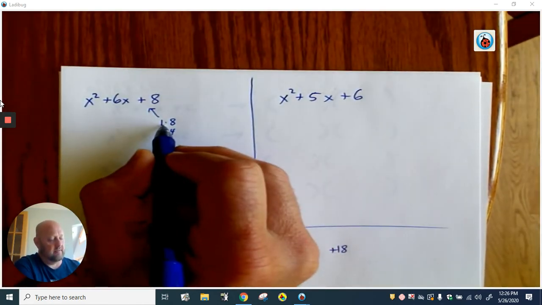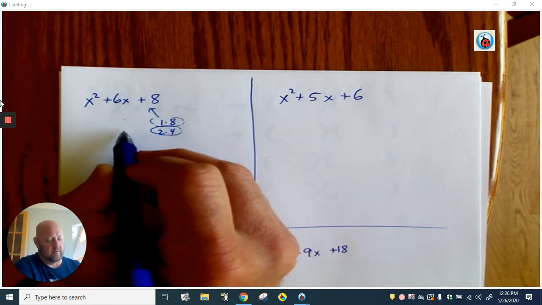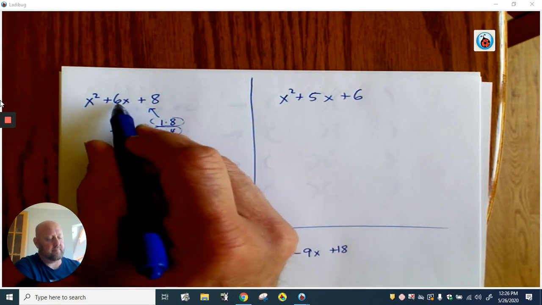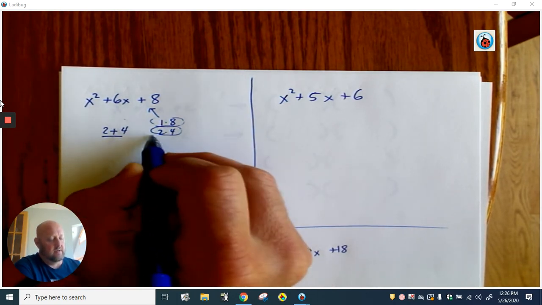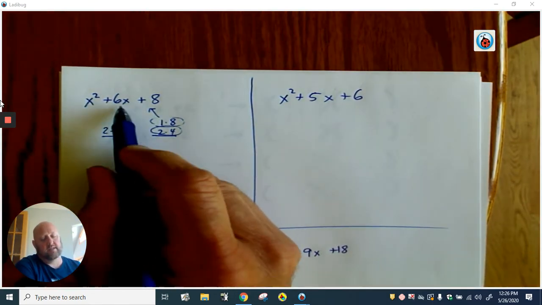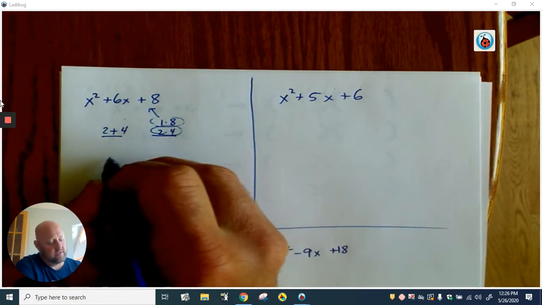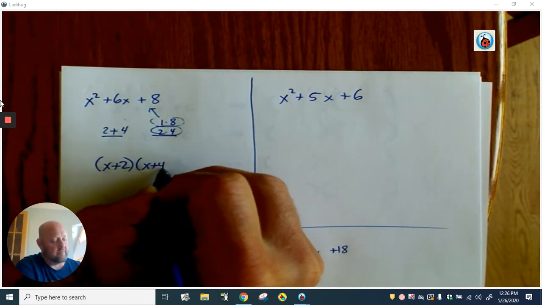And then we think of these as which of these combinations are both going to also add up to that 6. Well, sure enough, the 2 and the 4 add up to the 6. So we multiply together to get 8. We add up to get the 6. We found our combination. That means the answer is x plus 2 and x plus 4.